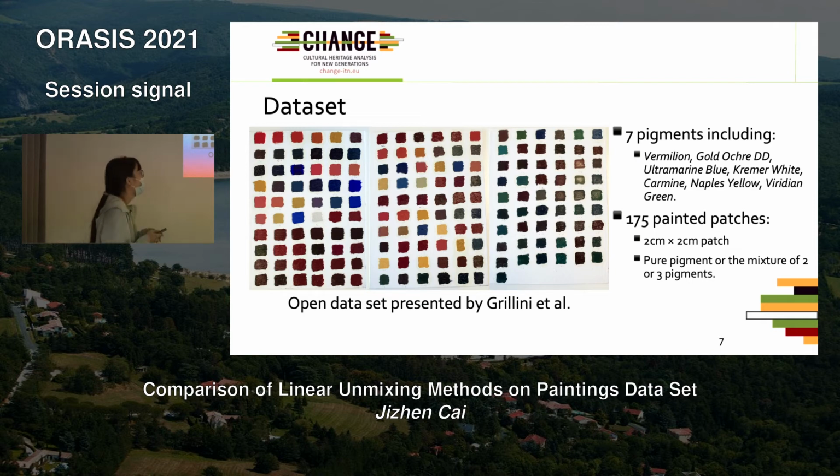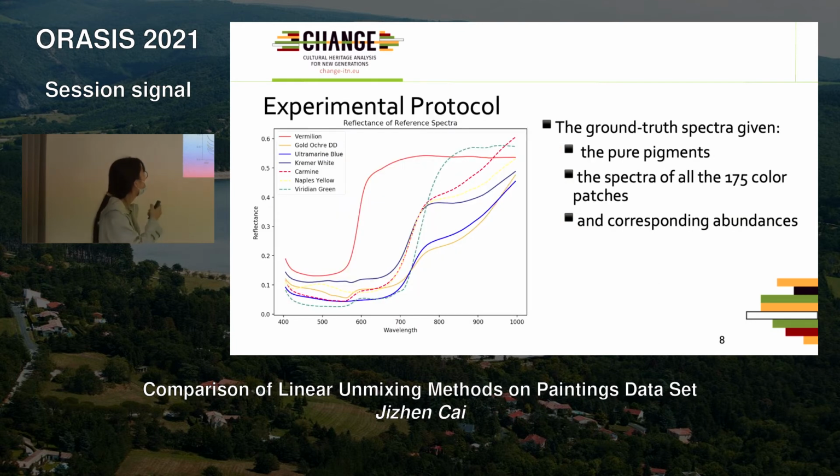Because usually in real cases, I mean in real paintings, according to the specialists, the conservators, the maximum number of pigments in a mixture in a painting is 3. So that's the reason for the number here.